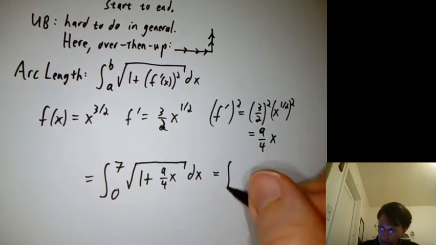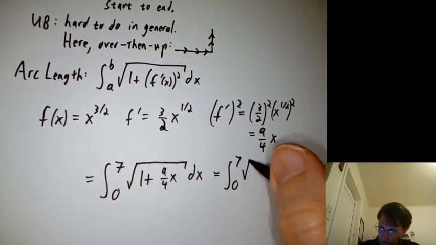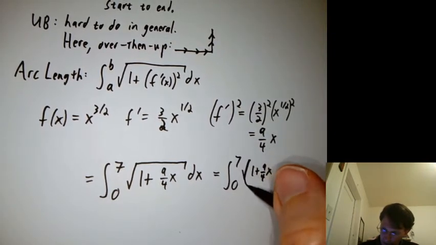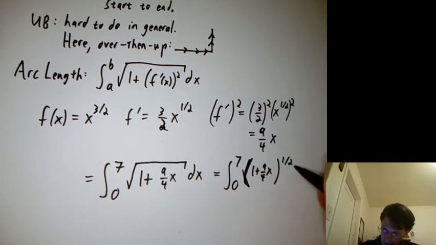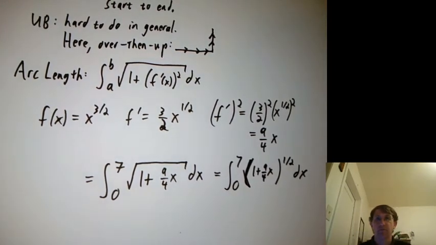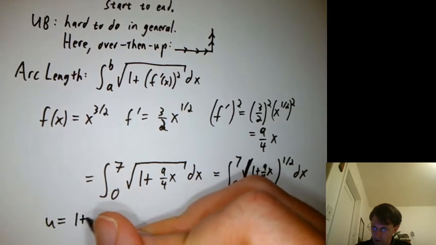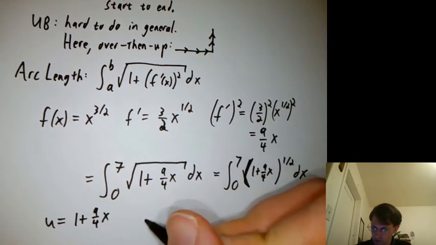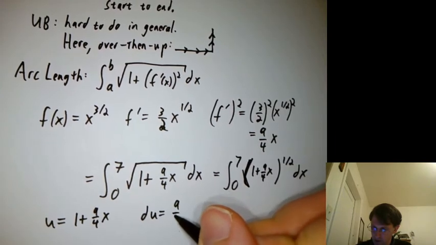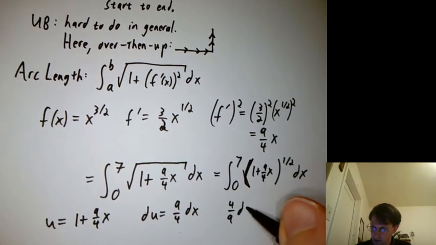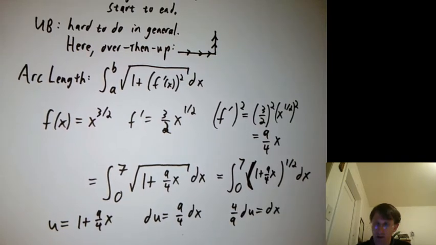We could also write this as the integral from 0 to 7 of 1 plus 9/4 x to the 1 half power. So we could use u equals 1 plus 9/4 x, du equals 9/4 dx, or 4/9 du equals dx.